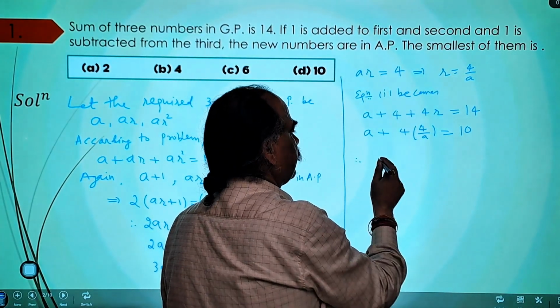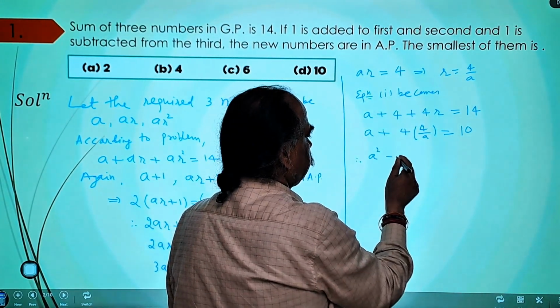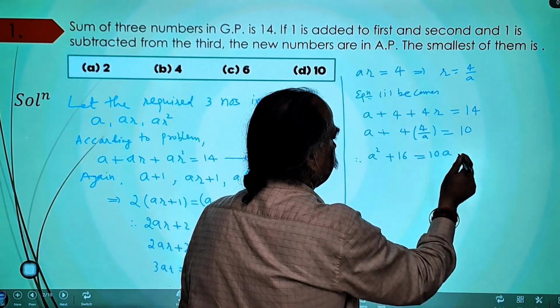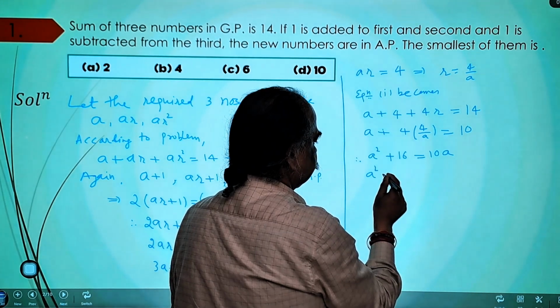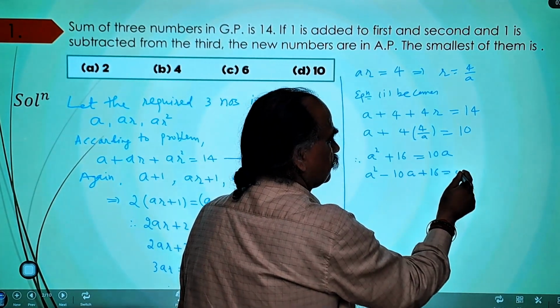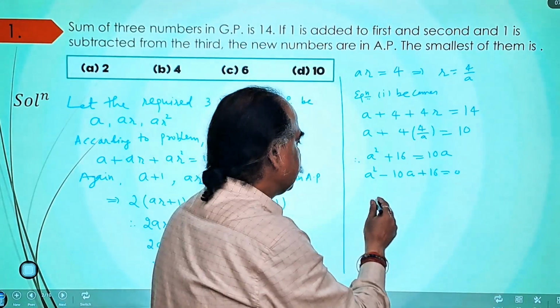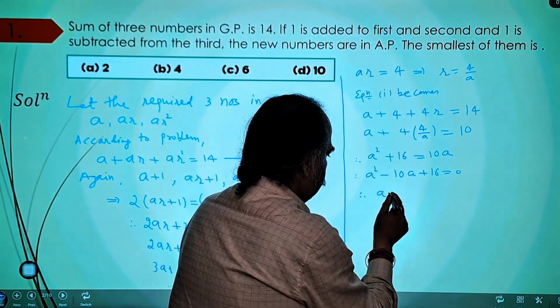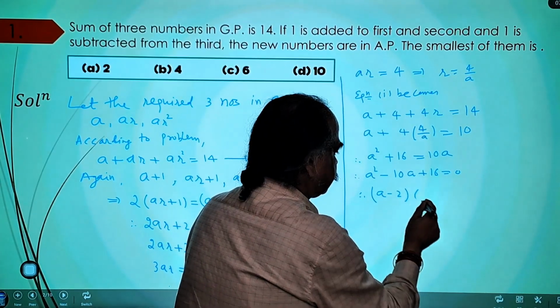Multiply throughout by A. So A square plus 16 is equal to 10A. A square minus 10A plus 16 is equal to 0. The factors are 2 and 8: A minus 2 into A minus 8.